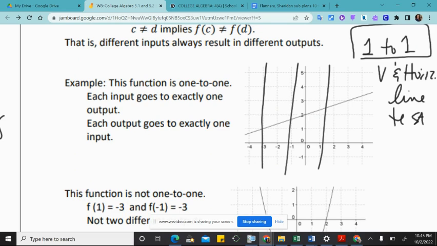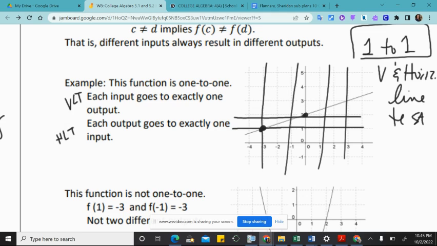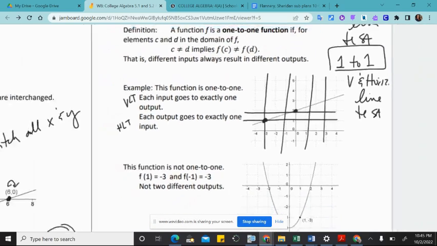We're saying that it passes the vertical line test, although my vertical lines are terrible. But each output also goes to exactly only one input. So each y value only gets one x value. You can think of that as horizontal line test.